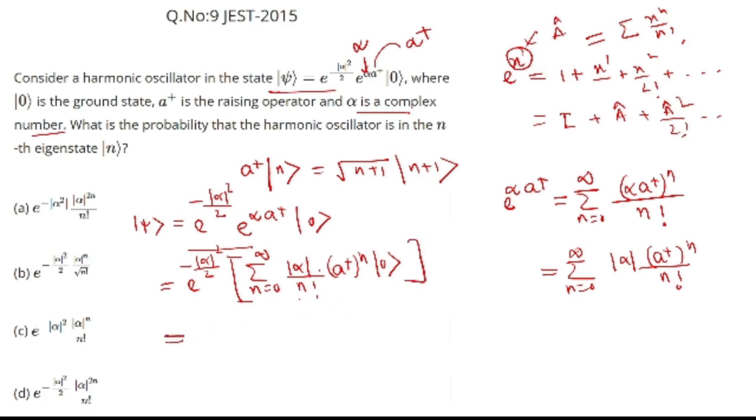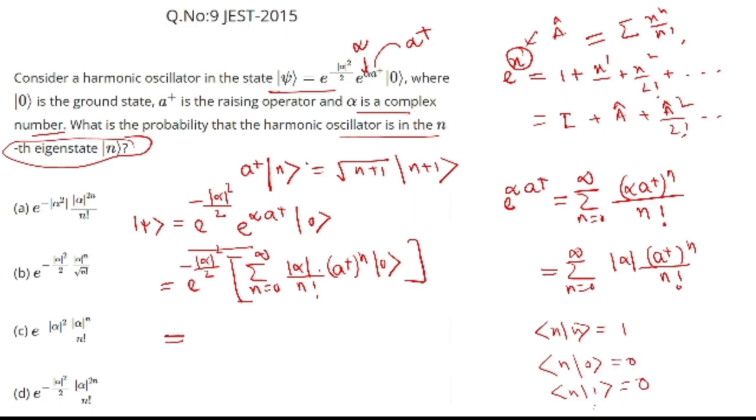Now we can break this term, and since we have to find out the probability that the harmonic oscillator is in the n eigenstate, we take the inner product with this. That means only bra n with ket n gives 1, and for other cases like 0, 1 and so on, it gives 0.